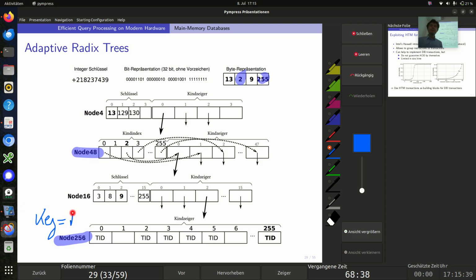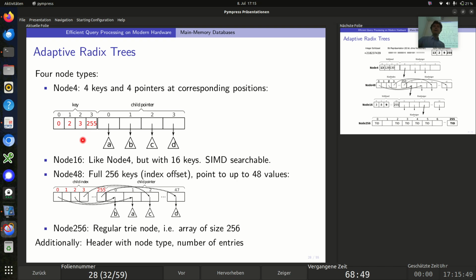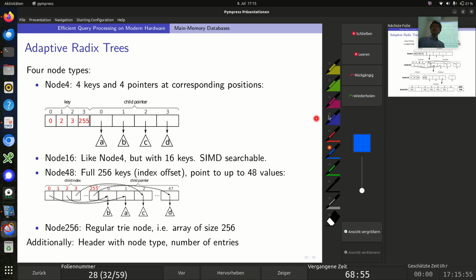It's implicitly the position. Okay. And then there are two other node types. Basically the idea is, you store the key explicitly, and if you want to access the data, you have to compare the position.